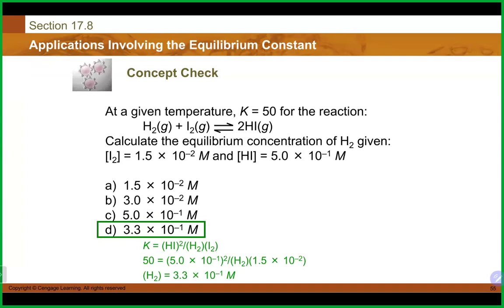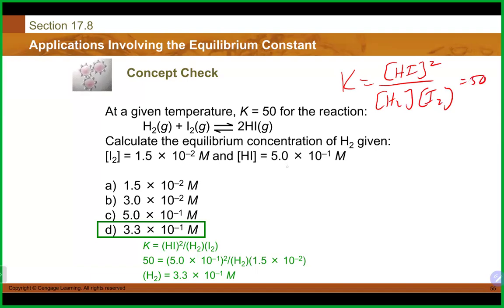Now, in this case, at a given temperature, calculate the equilibrium concentration of H2 if we have 1.5 times 10 to the minus 2 and 5 times 10 to the minus 1. This is just using our expression. Our K is equal to HI squared divided by H2 and I2, and that equals 50.